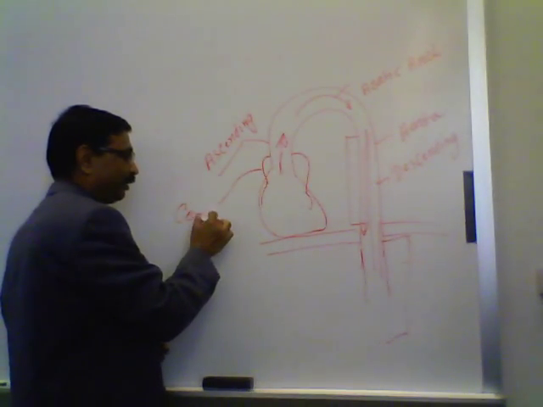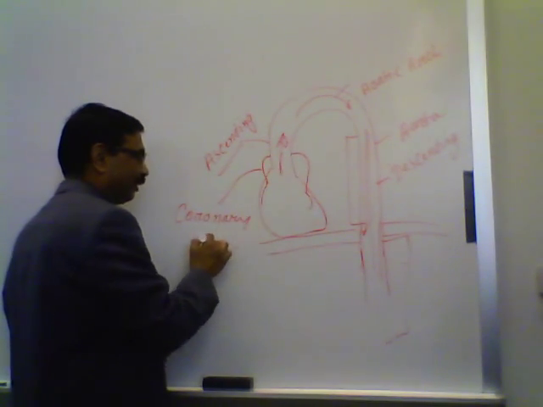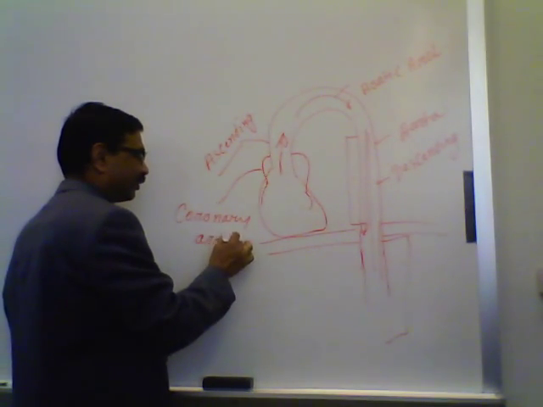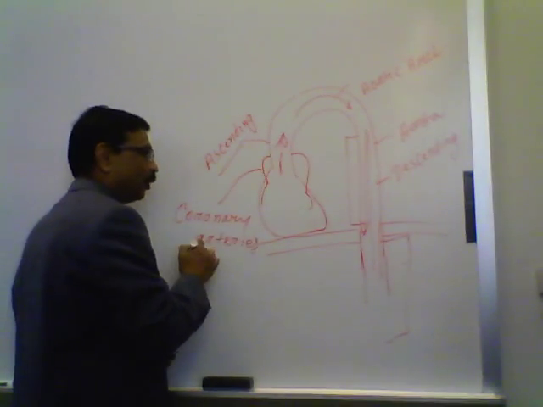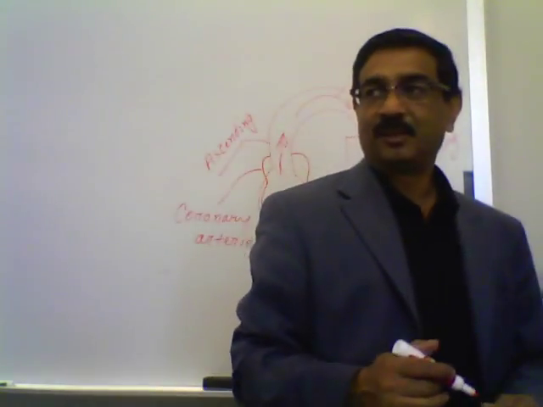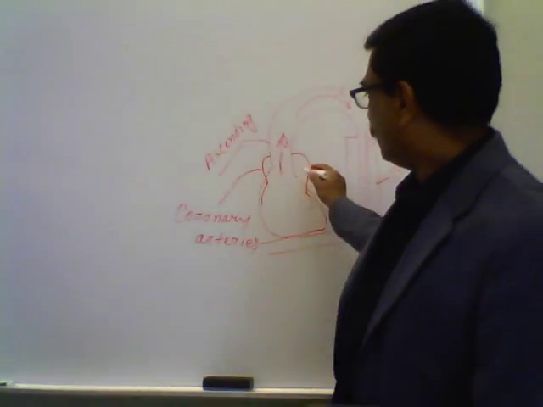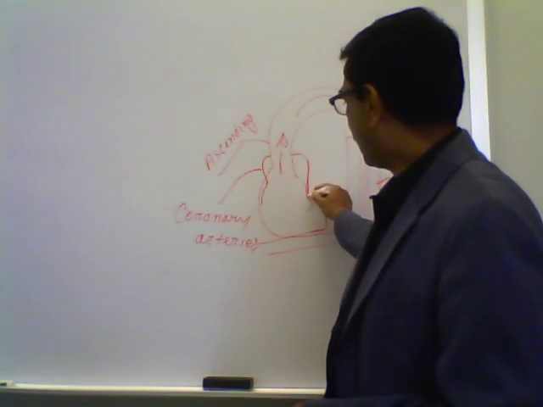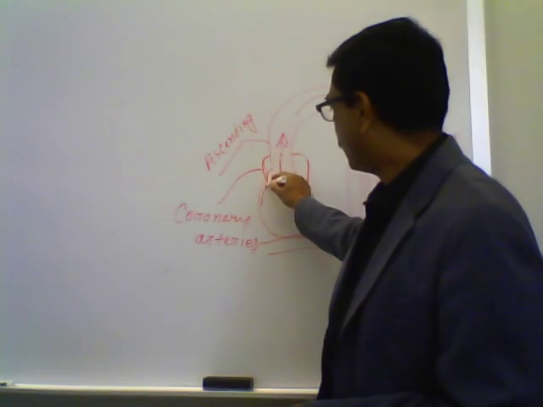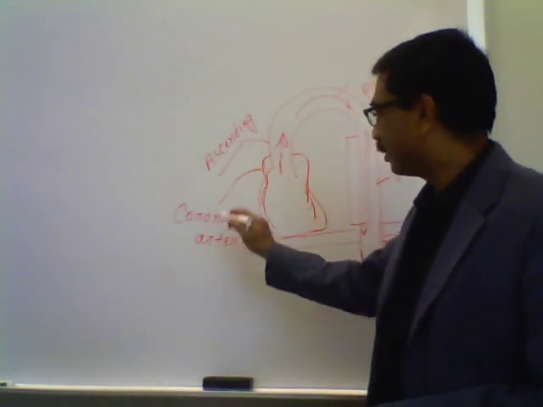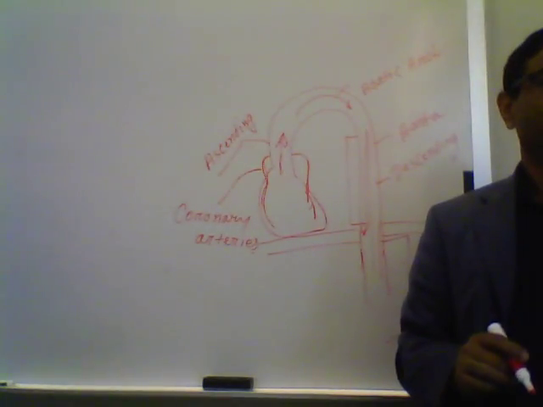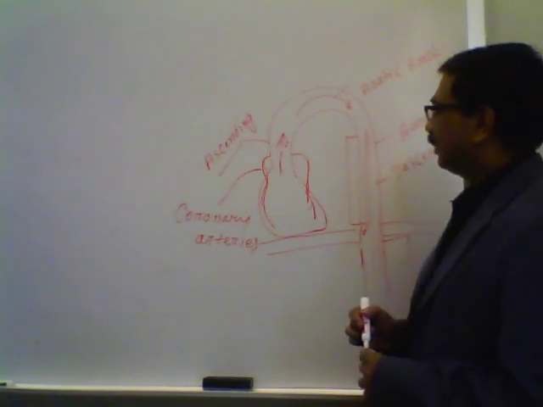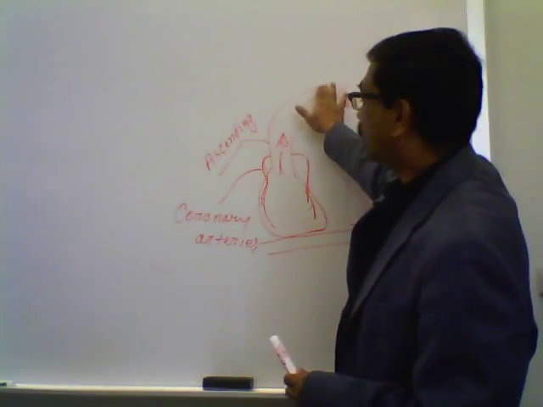Right and left coronary arteries go to the wall of the heart. So the main branches of the ascending aorta are right and left coronary arteries. Okay.